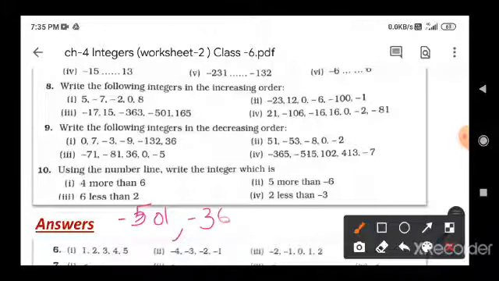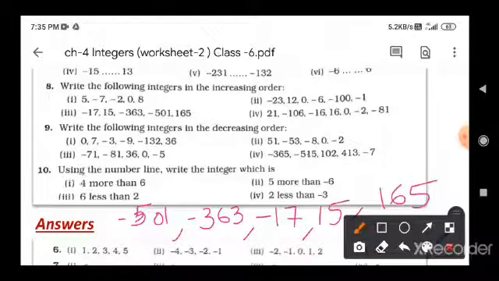Now I have to reach the positive ones also. Out of positives, the bigger number is bigger only, and the smaller one is smaller. So 15 and 165. I have to write the smaller first and then 165. So this is the increasing order. We are writing from smaller to bigger.